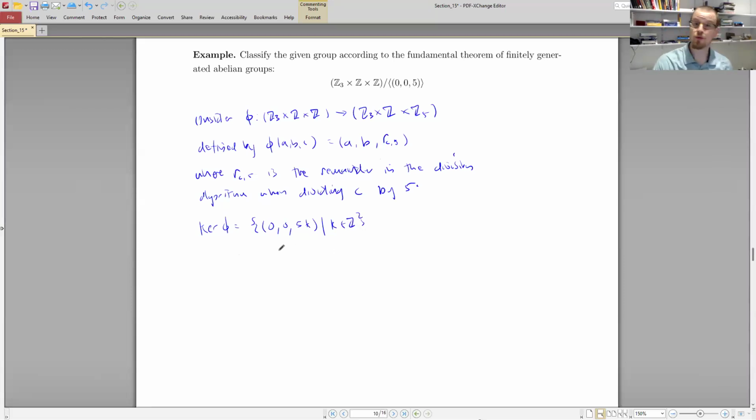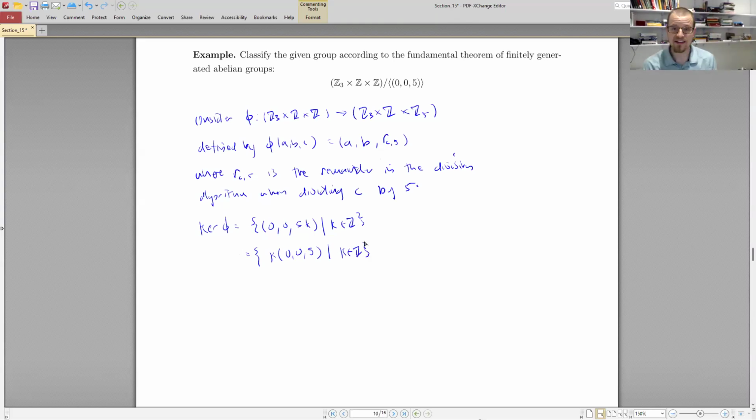Now, if we want to be as formal as possible, we want to recognize that this is equal to k times 0, 0, 5, where k is an integer.